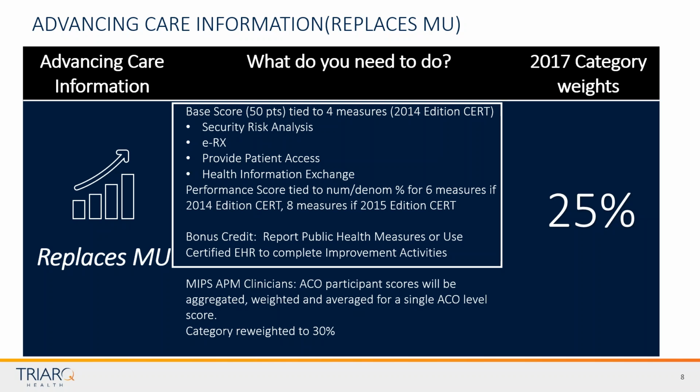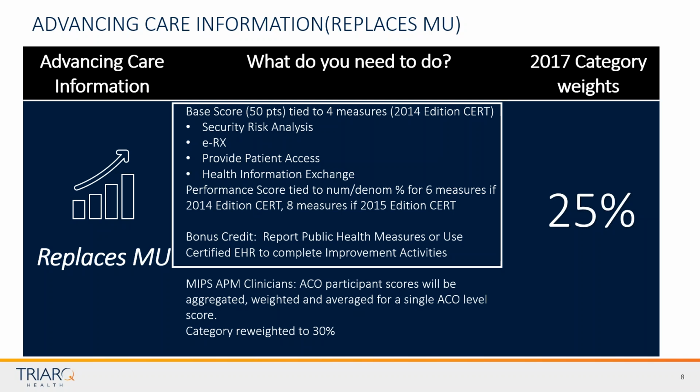You must do each of those measures for a single patient, and we have to say this over and over again because it seems too good to be true, but you do this for one patient and you meet the base score. So e-prescribe one prescription, provide one patient access to the portal, and send one secure summary of care upon transition of care.